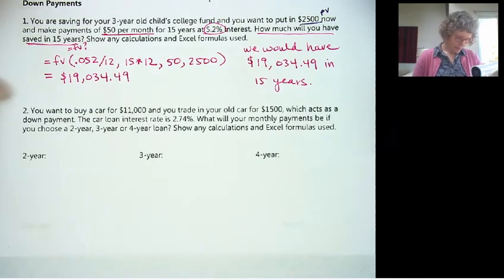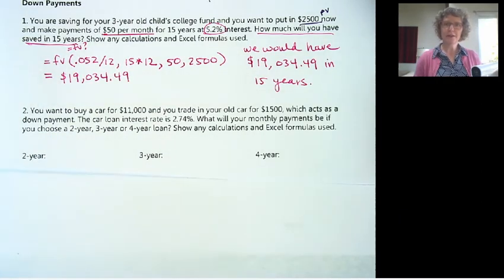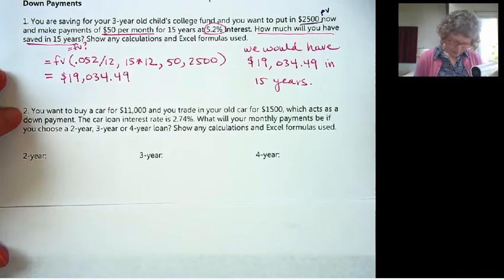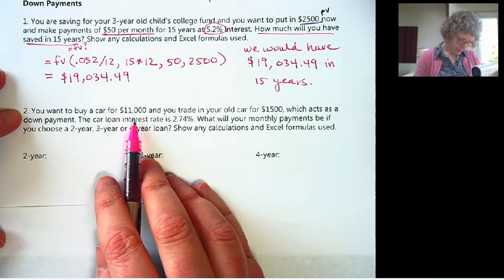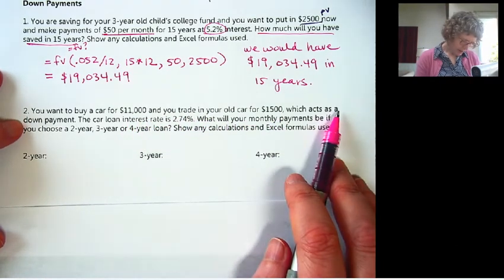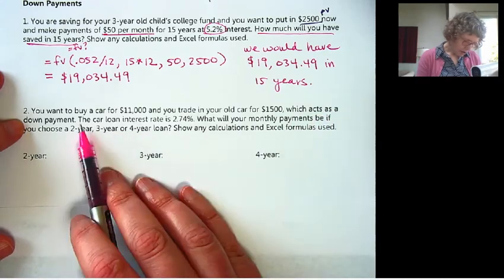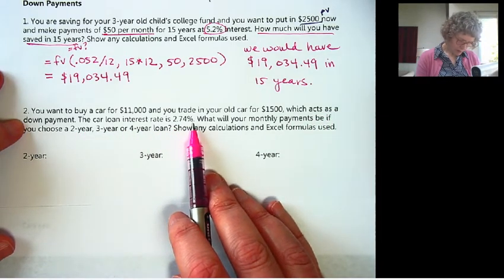And last one, feel free to try this yourself and pause the video and then compare answers. You want to buy a car for $11,000 and you trade in your old car for $1,500, which acts as a down payment. The car loan interest rate is 2.74%.